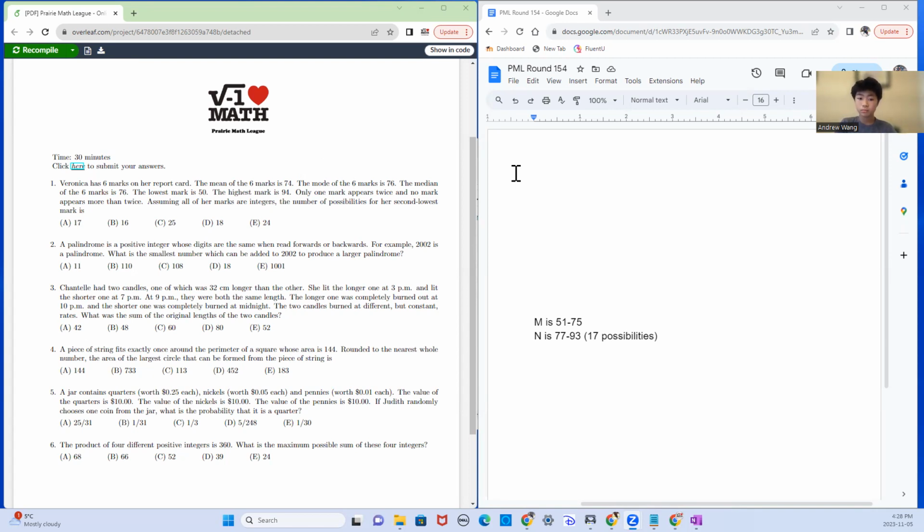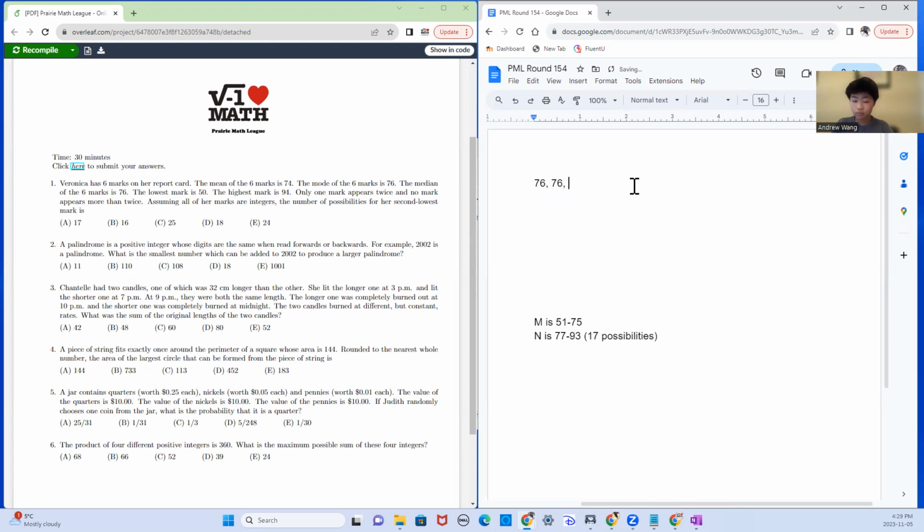So what we're first going to do is list out all the things we know. We know the mean of the 6 marks is 74, but we can take that into account later. The mode, which means the number that appears the most in a certain list, is 76. Since no number appears more than twice, we know that 76 appears twice.